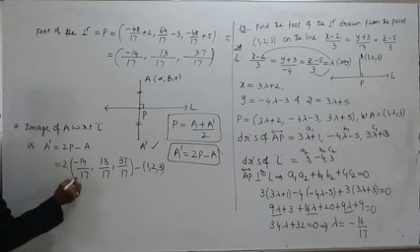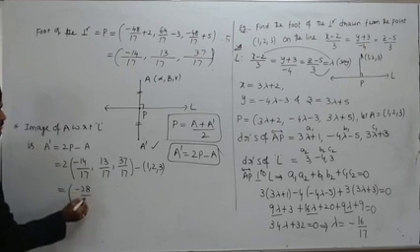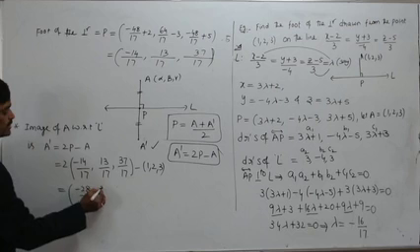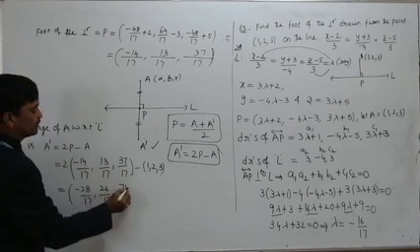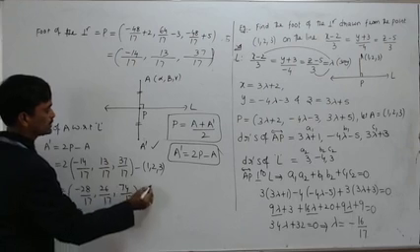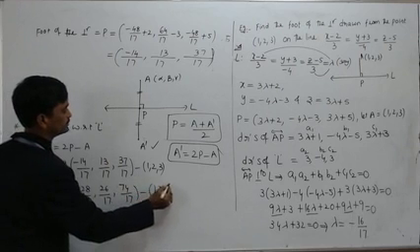So first multiply by 2. What do you get? 2 into minus 14 by 17 is minus 28 by 17. Next, 2 into 13 by 17 is 26 by 17. 2 into 37 by 17 is 74 by 17, minus 1, 2, 3.